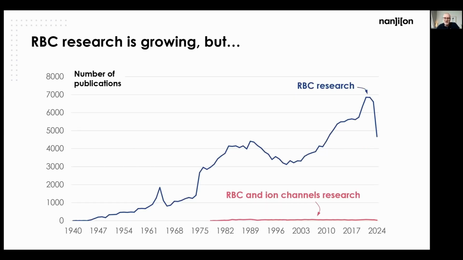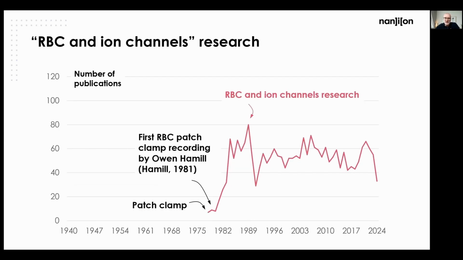If we compare with the RBC research, which is growing, here there is no growth at all. And this is quite surprising because RBCs were one of the first cell types tested with patch clamp. Owen Hamill in 1981 recorded the first RBCs, but still no growth in research. There should be some reasons for that.